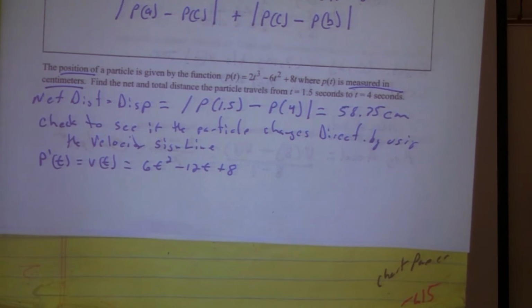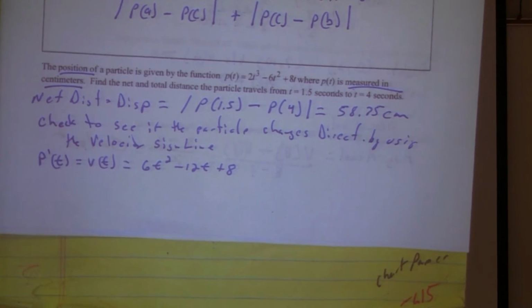Okay, so if we take out a 2, what are we left with? 3t squared minus 6t plus 4. Alright, so is that factorable? 3 times 4, that's 12, right? But we want a negative 6. So what times what gives us 12 but combines to give us negative 6? 4 times 3, no, that's 7.